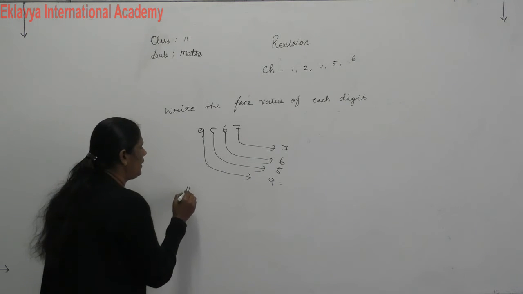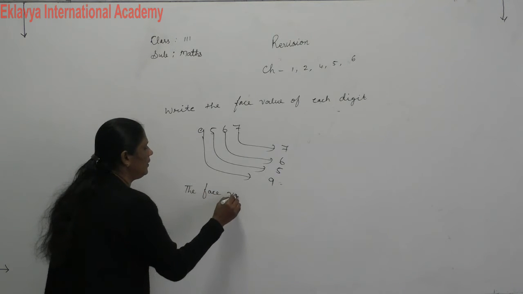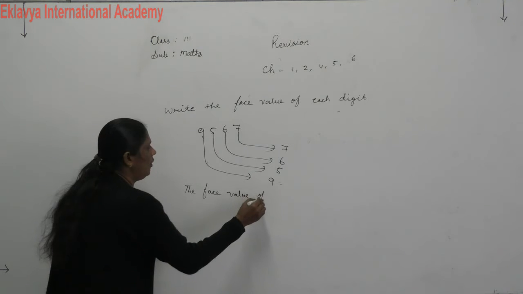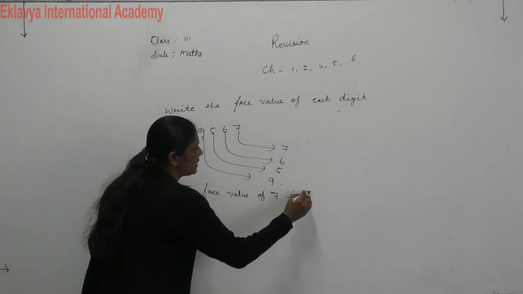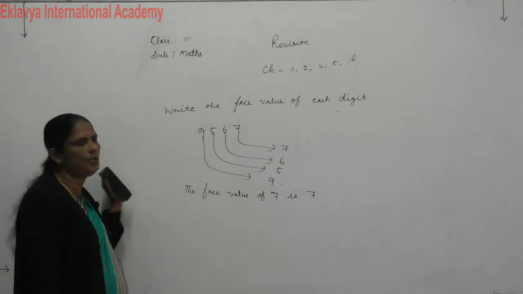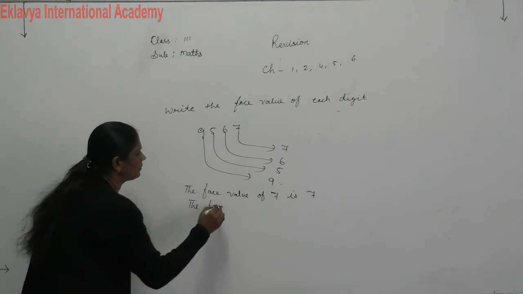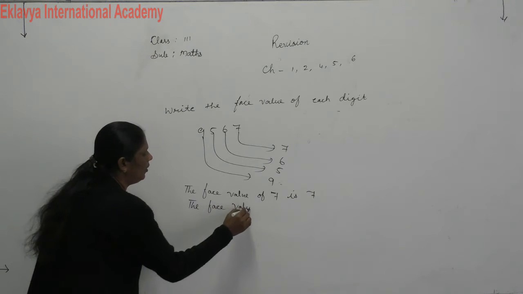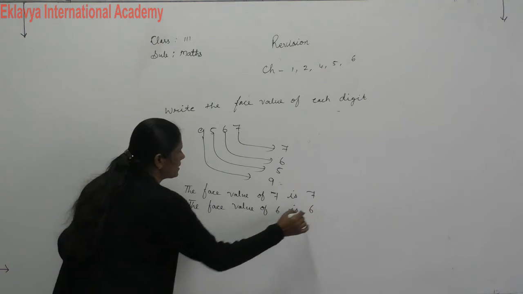The face value of 7 is 7. This type also you write. The face value of 6 is 6.